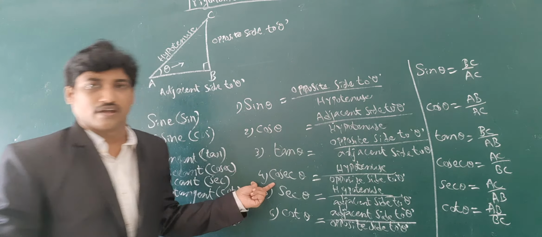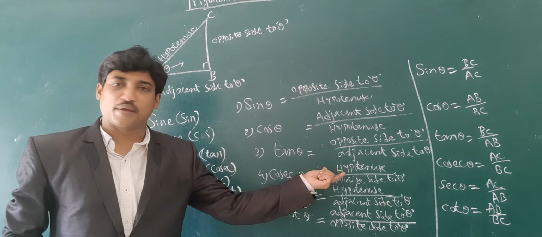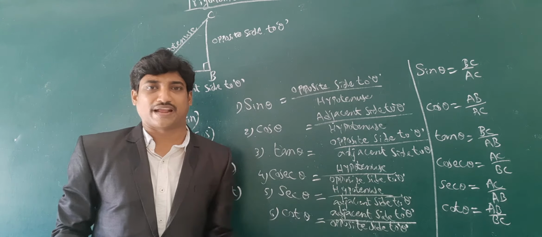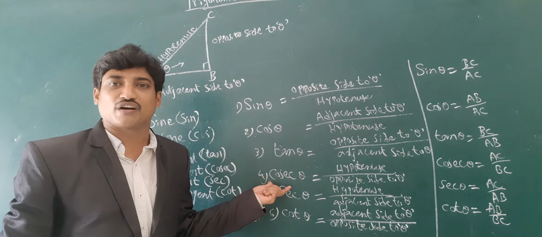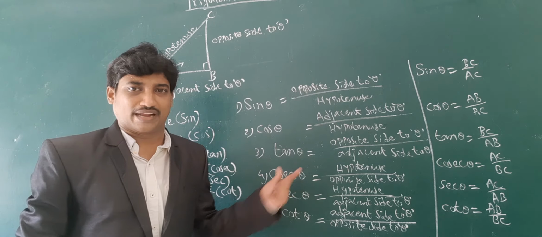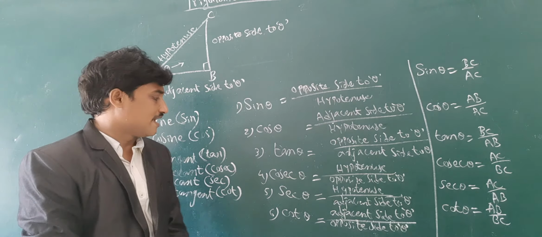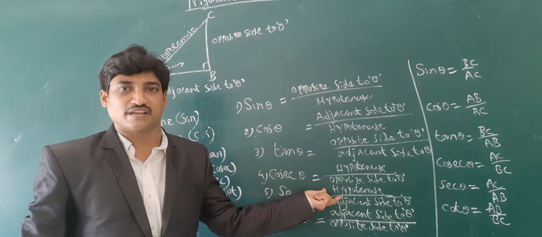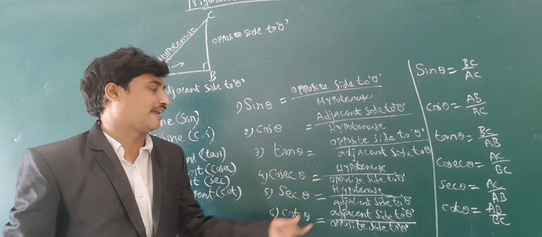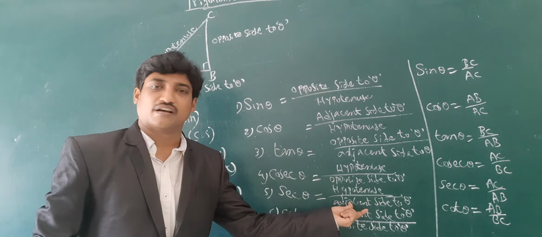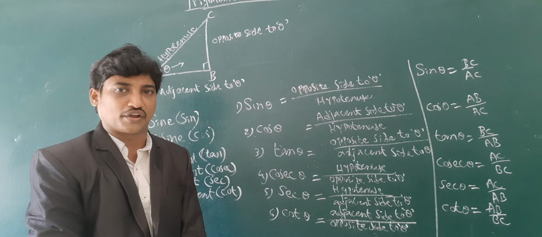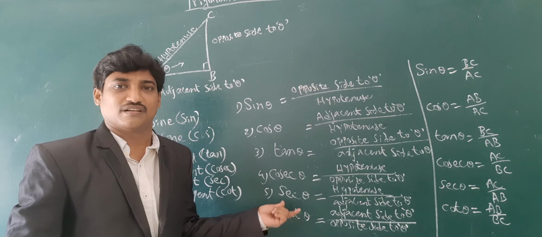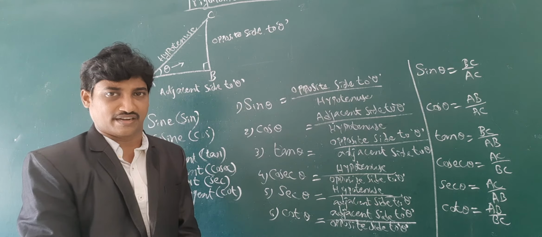Cosecant theta: the ratio of the length of the hypotenuse and the length of the opposite side of that acute angle is called cosecant of that acute angle in that right angle triangle. Secant theta: the ratio of the hypotenuse and the length of the adjacent side of that acute angle is called secant of that acute angle in the right angle triangle.